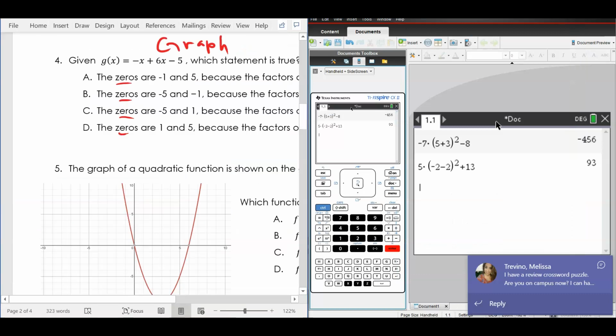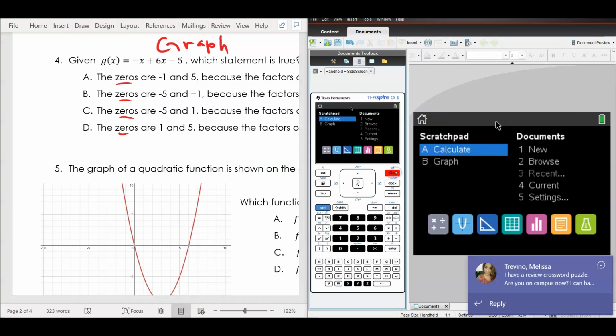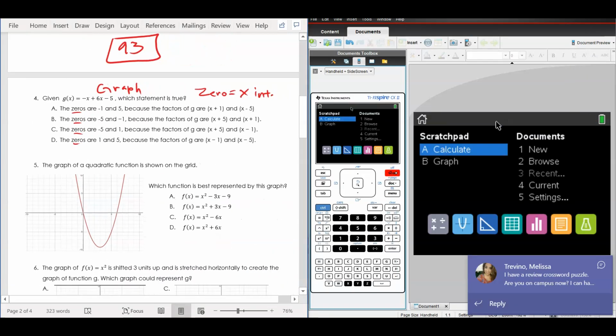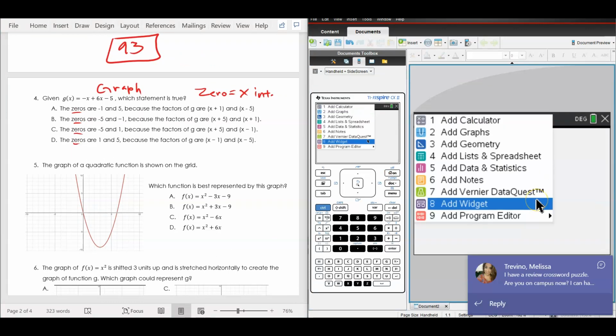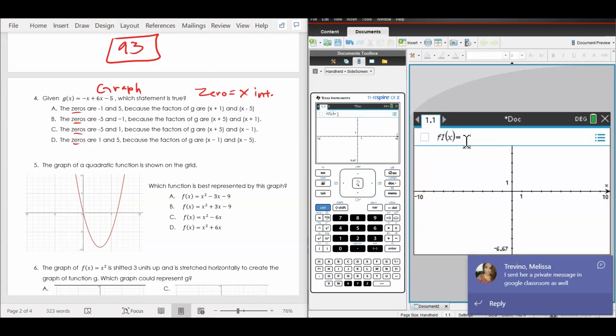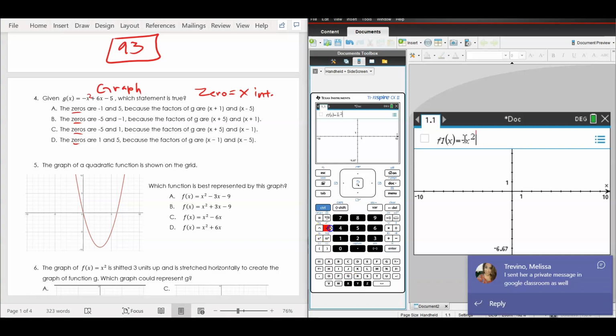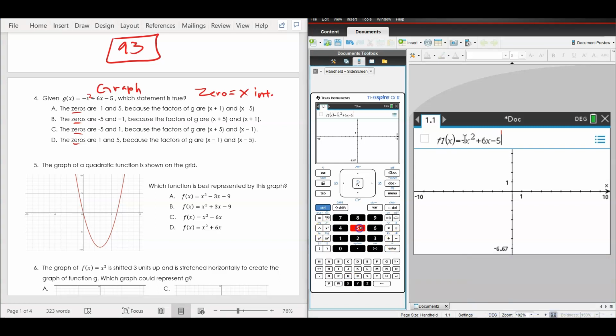We go to new document, don't save, and then we're going to go to number 2 for graph. And let's type it in: negative x squared plus 6x minus 5. Hit enter.